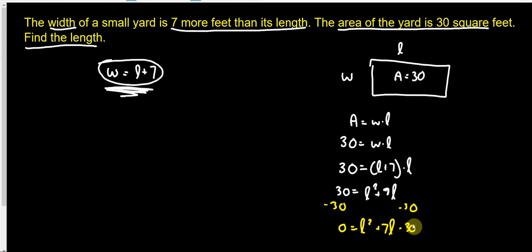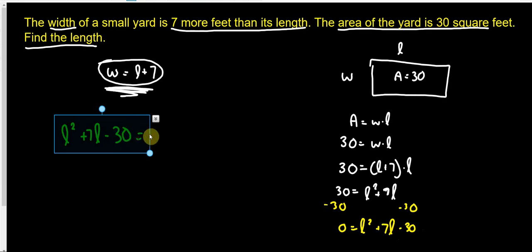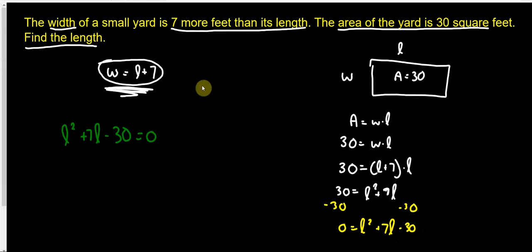I think now, I'm going to write it over here again so I have it more neatly. I think I can work with this. Now I can put the 0 on the other side if I want to. So I have L squared plus 7L minus 30 equals 0. So I have a trinomial equals 0. I'm feeling pretty good about that. So I need to be able to factor this, and then I can solve for L.